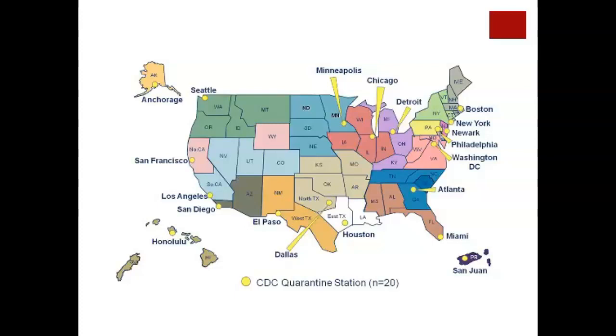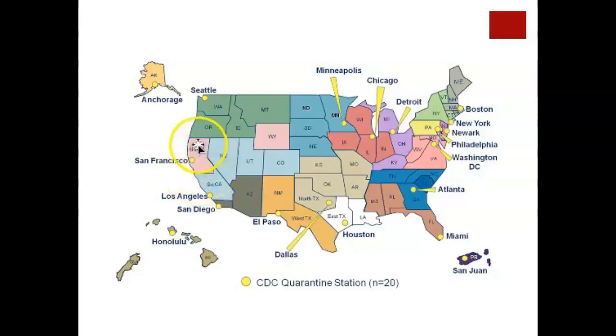On this next slide, you can see a map of the United States, and several yellow pointers and yellow dots on the map. These are what are called quarantine stations, and they've been in place for a long time, since the beginning of our country, essentially.